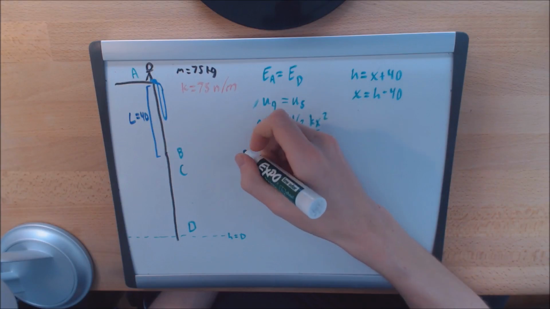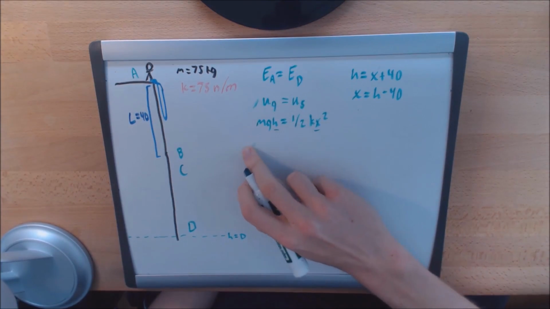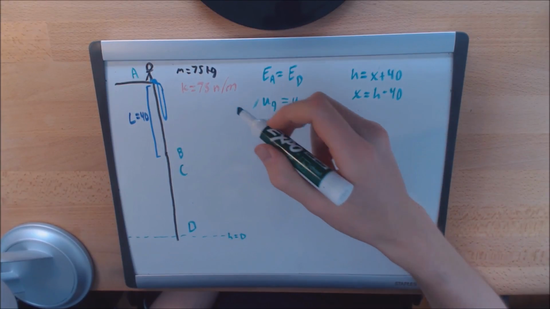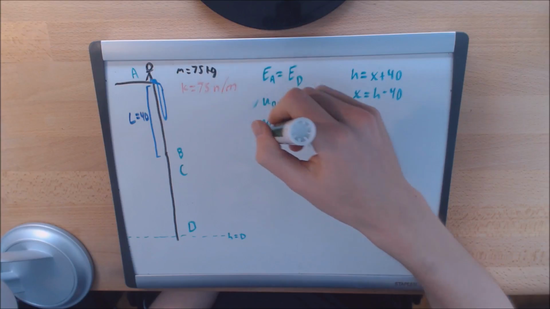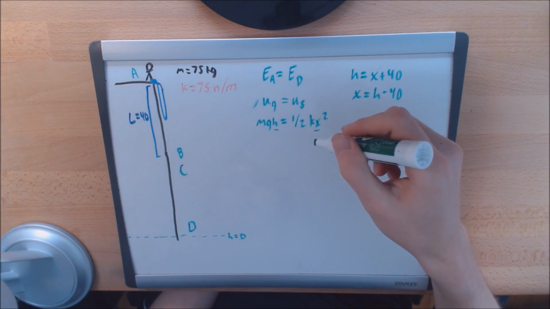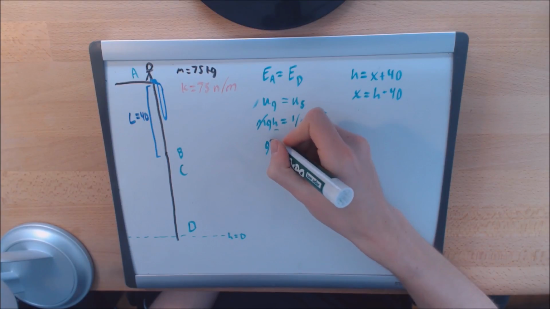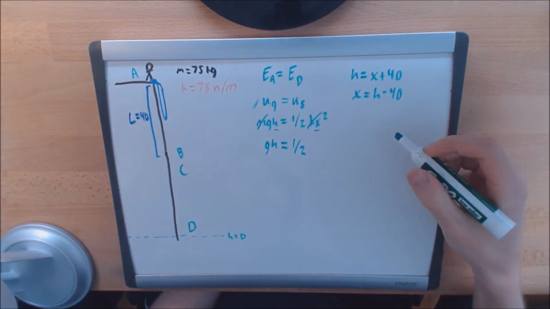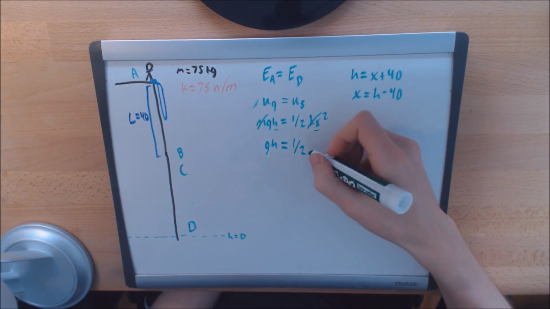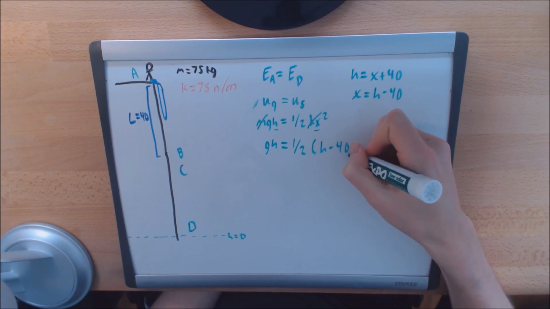So we're going to plug in mgh. The interesting thing is that since m and k are the same number on both sides of the equation, we can cancel it out. So that's just a nice thing about this problem. So we'll get gh equals 1/2, and now we're going to substitute in our x, h minus 40 squared.